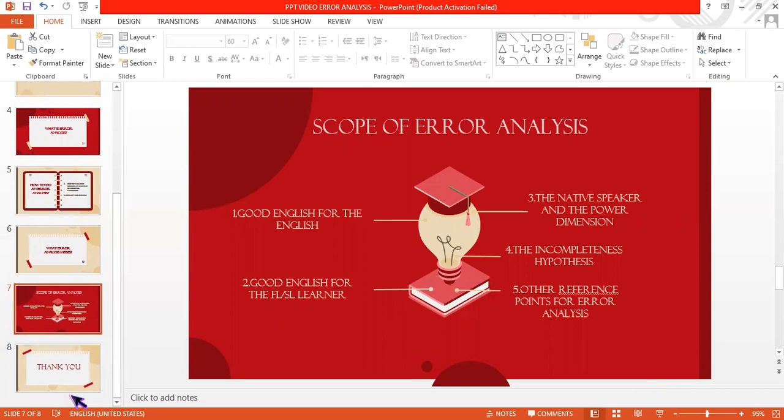Okay, now I will present about scope of error analysis. There are 5 points. The first is good English for the English. Learning a language is a process in which, like learning to swim, students are freed from mistake by getting feedback to make new attempts sequentially closer to the desired goal.